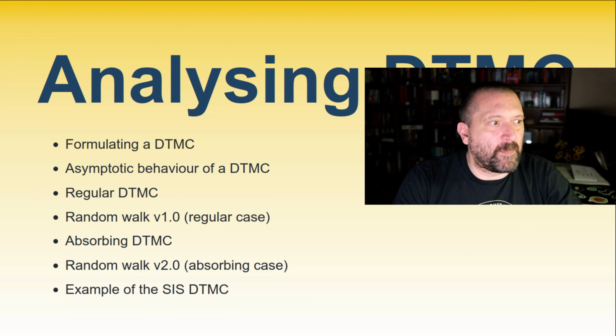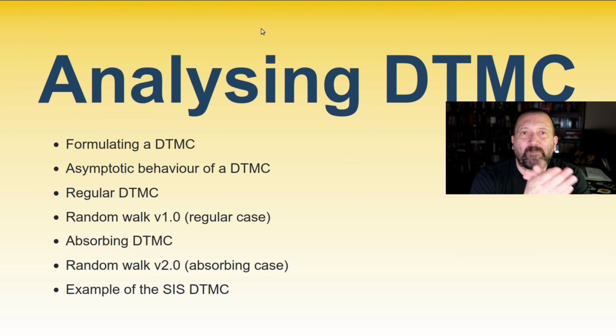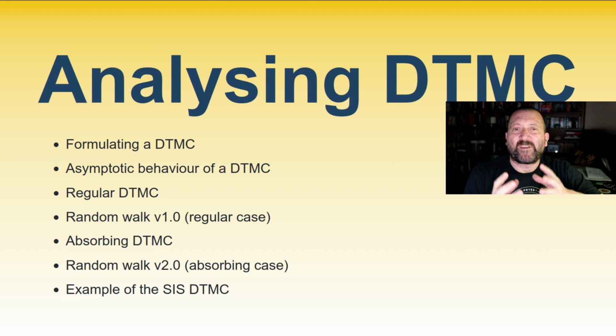So let me move here. The first part of this practicum is about discrete time Markov chains, and we're going to go through the topics that are highlighted there. How do you formulate a discrete time Markov chain, really, what is it mathematically? And then what can we say about the asymptotic behavior of a discrete time Markov chain?